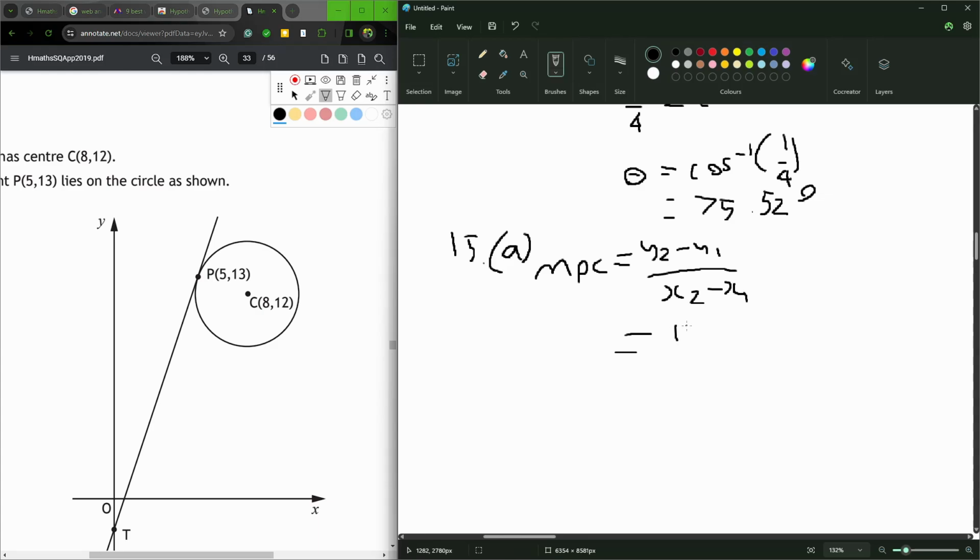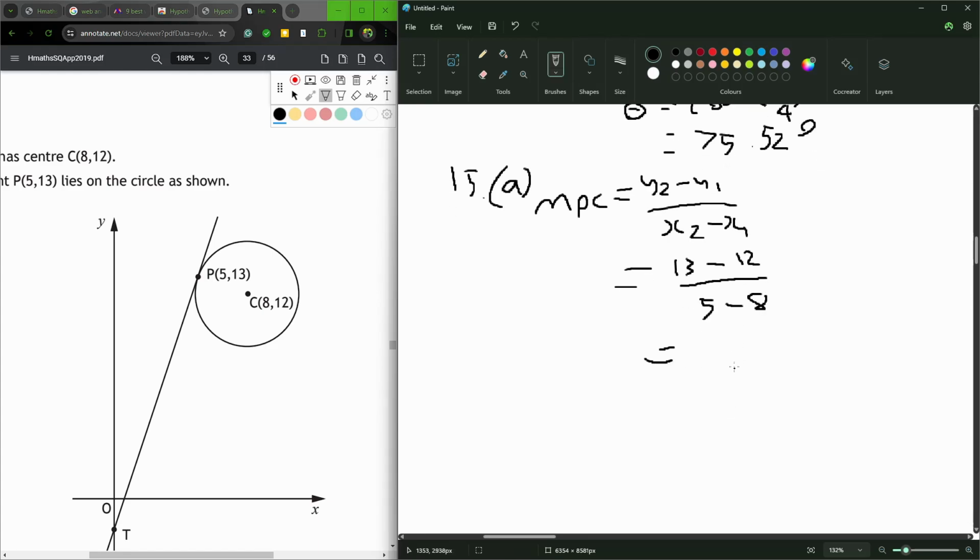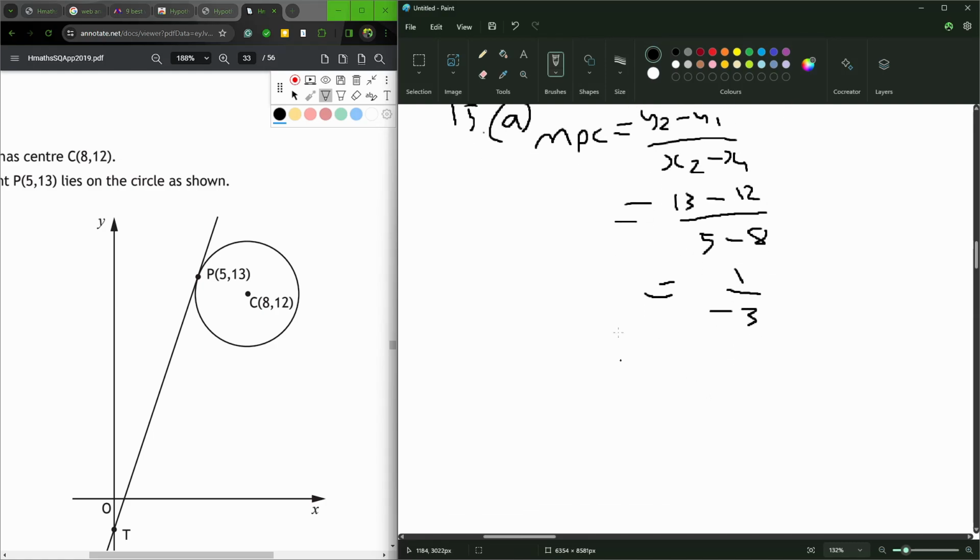So 13 then 12, so that'd be 5 minus 8. So we have 1 over minus 3. That makes sense because if you think about it, that line's going slowly down.